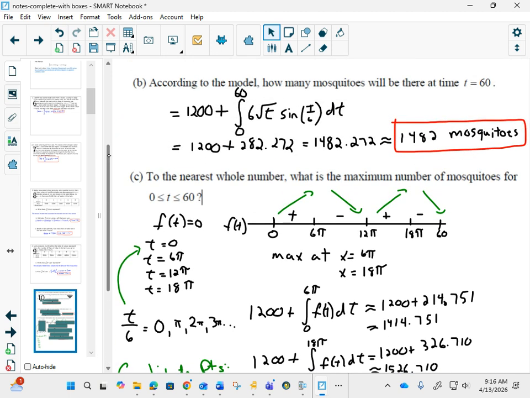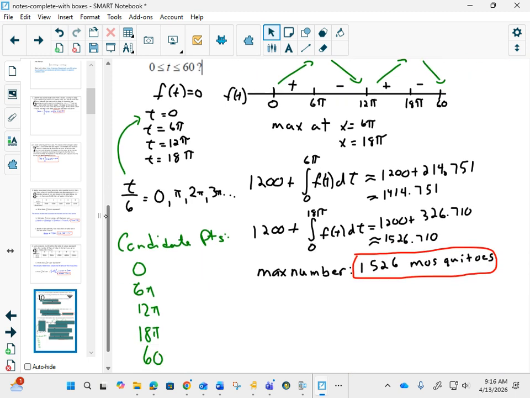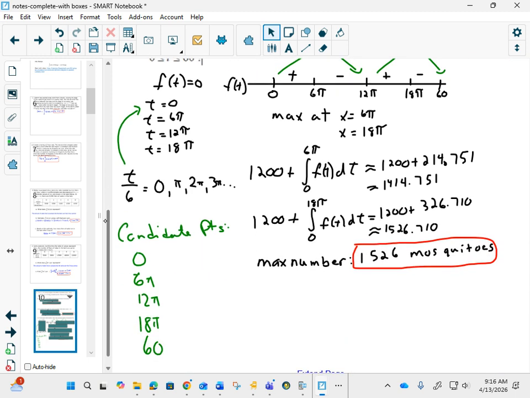Of course, we did 60 in part B, but if you don't reference it here in part C, on the AP exam, they might take off a point because you didn't use the extreme value theorem. I would probably even in this question say, I want to use the extreme value theorem.